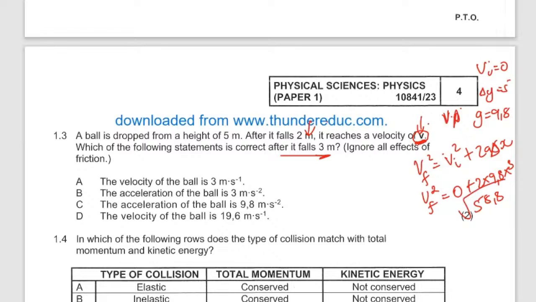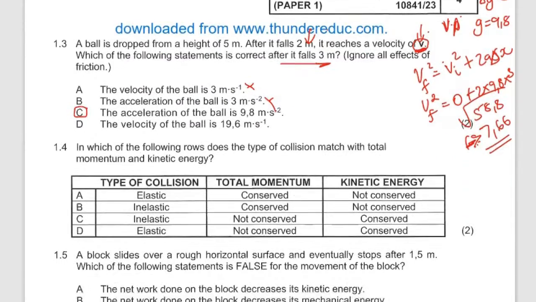Then when I find the square root of the answer, it gives me 7.66. So the velocity after 3 meters has to be 7.6. Telling us that the velocity is 3, that is out. The acceleration is 3? Then the acceleration must be 9.8, which means option C makes a lot of sense. We don't even need to look at the last one, because it is also wrong.